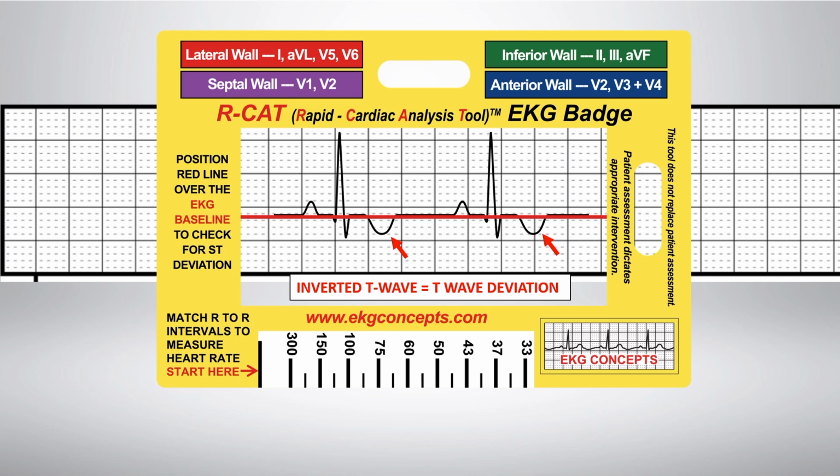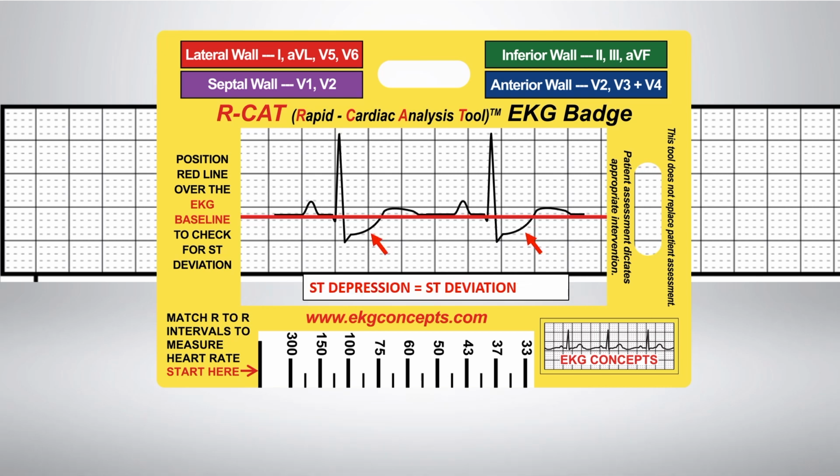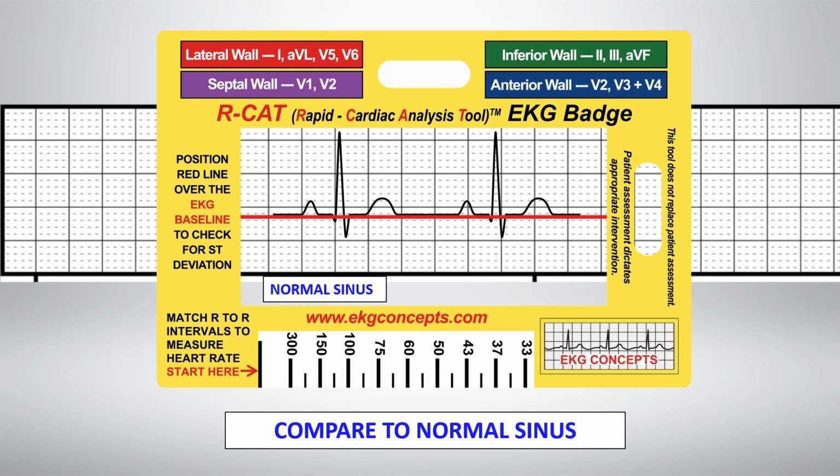Here, you see inverted T wave, or T wave deviation. Compare this to normal sinus rhythm. In this example, you have ST depression or ST deviation below the baseline. Compare this to normal sinus rhythm.